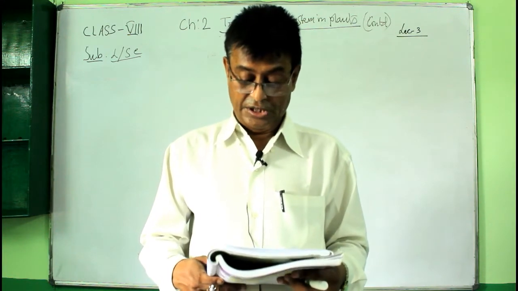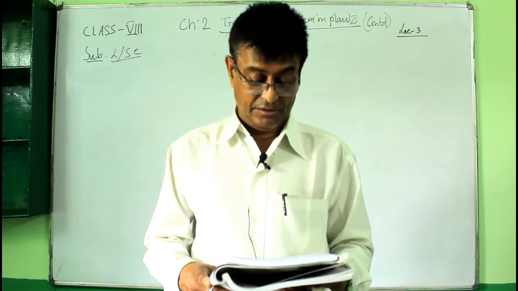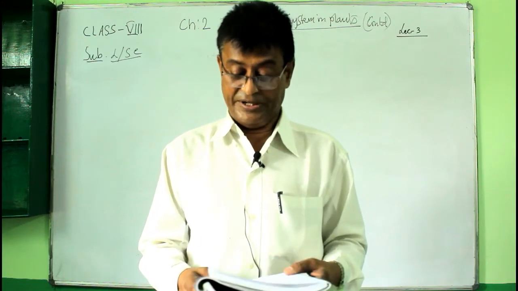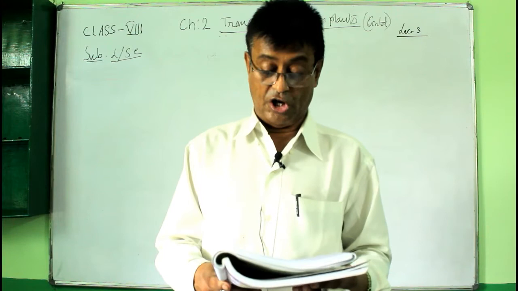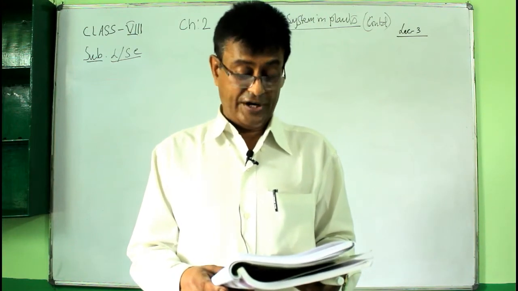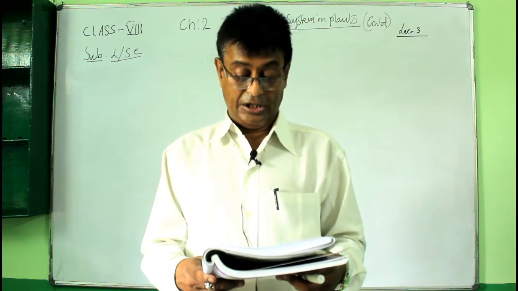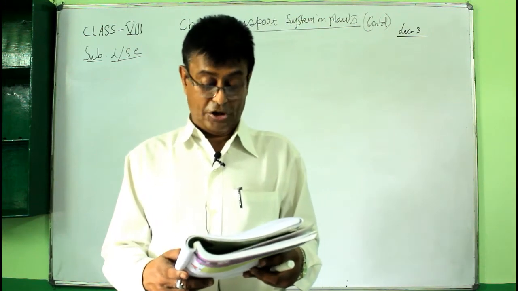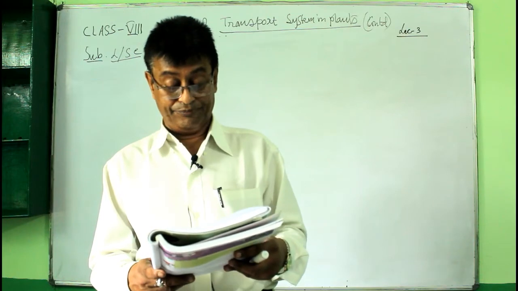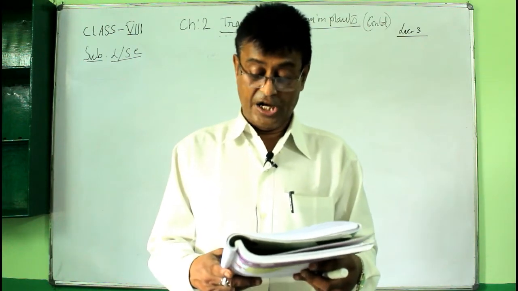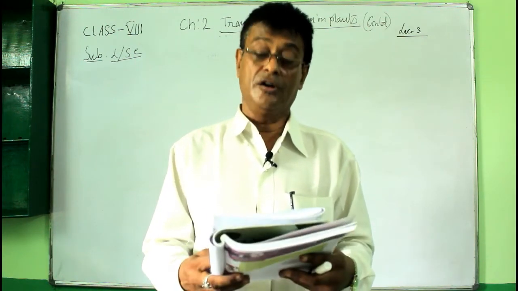Observation: the stem above the ring shows growth in diameter because of accumulation of food manufactured in the leaves. There will be no growth in the lower portion because the removal of the phloem blocked the downward movement of the food.